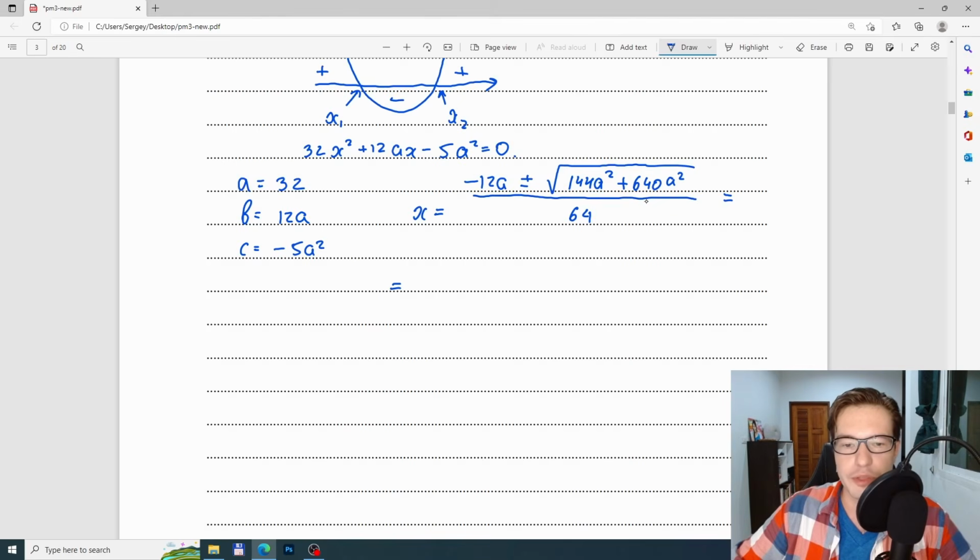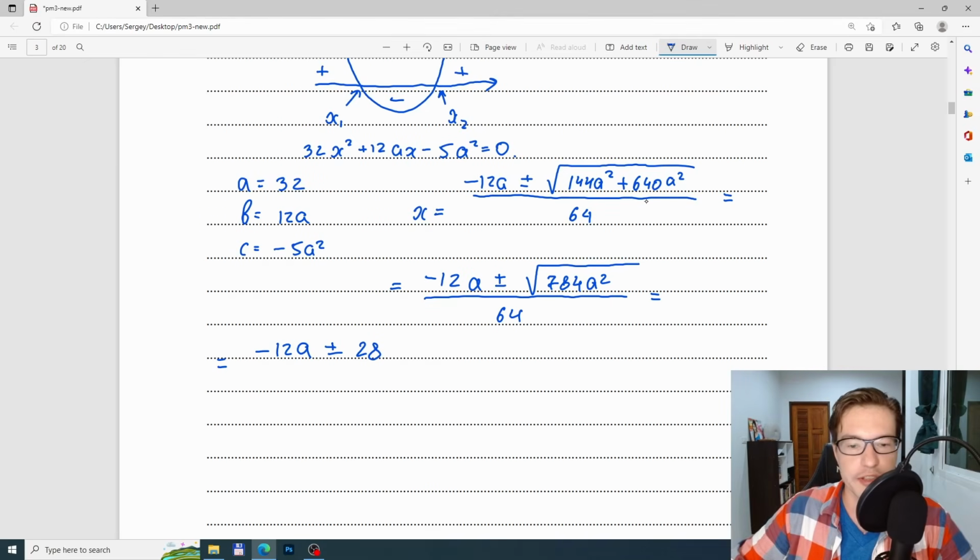Okay, now we're going to simplify the expression under the square root. 144 plus 640 is going to be 784 a squared over still 64. Now we can take the square root. The square root of 784 is 28.